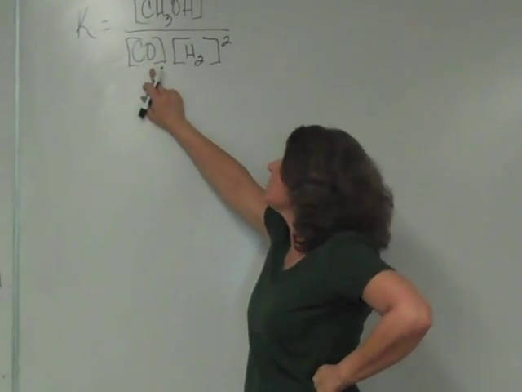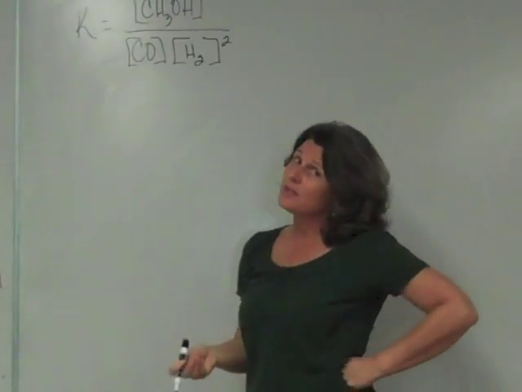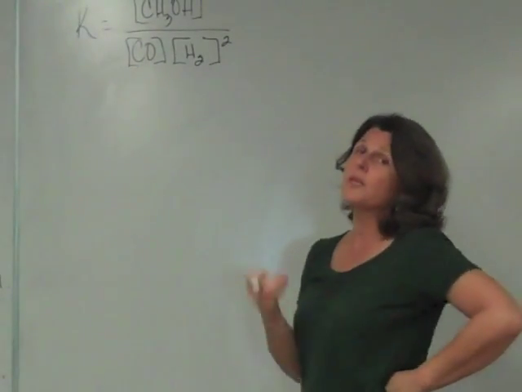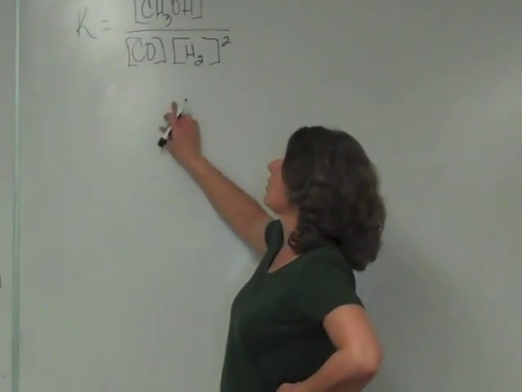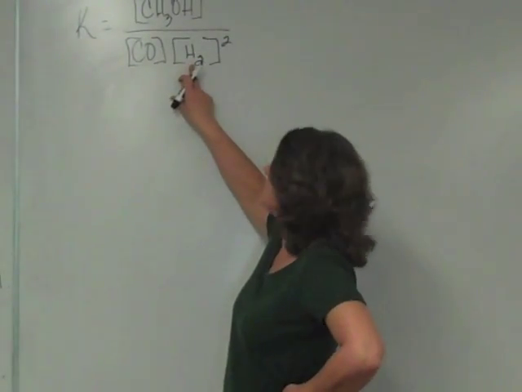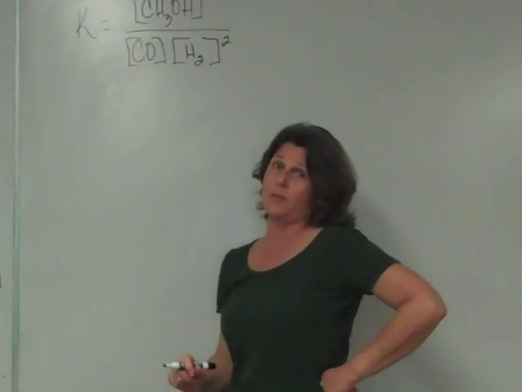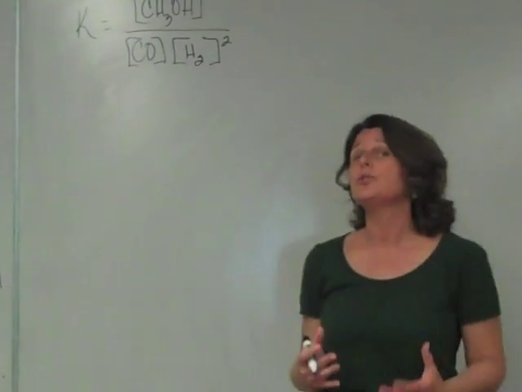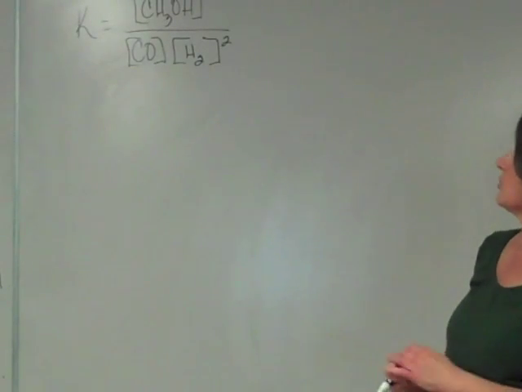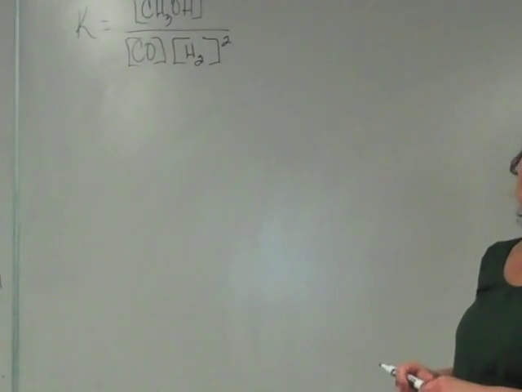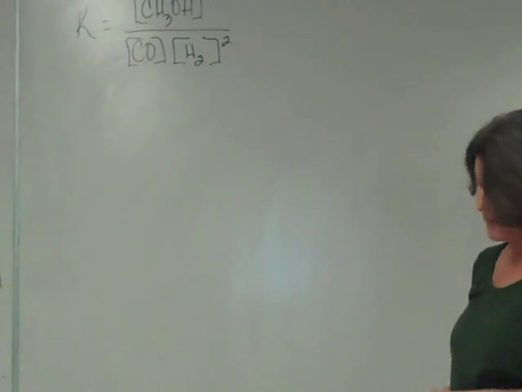And so what we need to do is, from that piece of information and from the initial concentrations, we should be able to figure out what our equilibrium concentration for hydrogen and for the methanol is. So how do we do that? Well, we're going to set up an ice diagram to do that.